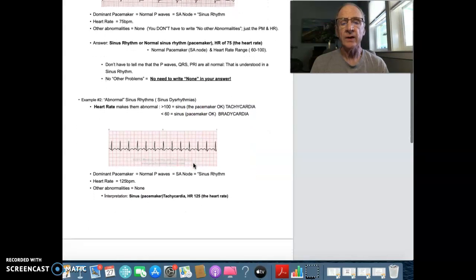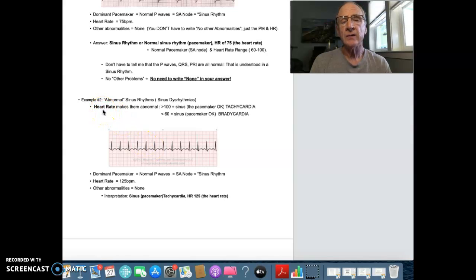So we go down to the next example, and this is a little different because this is an abnormal sinus rhythm. We take a look at this. First thing we have to do, though, is find out what is the dominant pacemaker. And again, we have normal P waves, so we know it's the SA node, so we know this is a sinus rhythm.